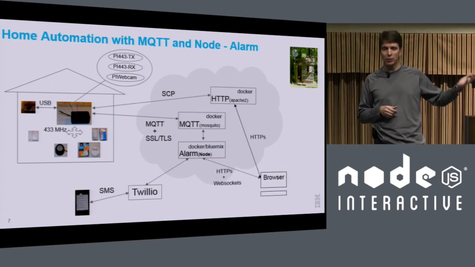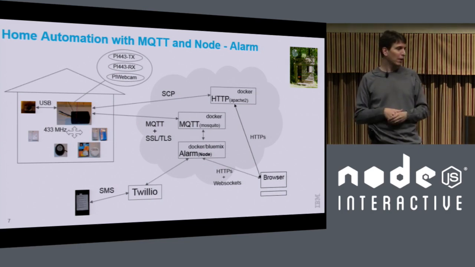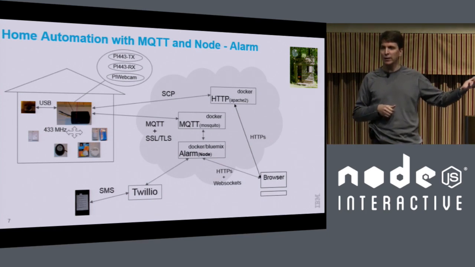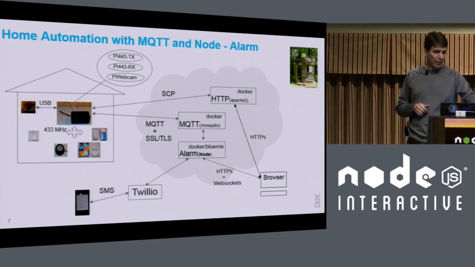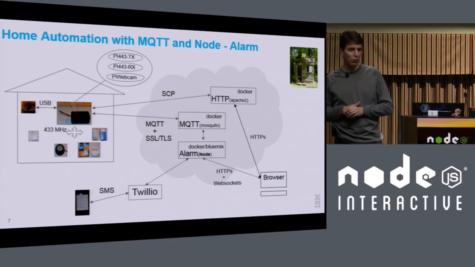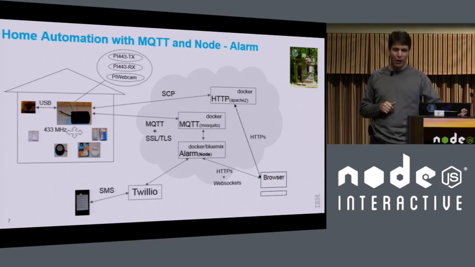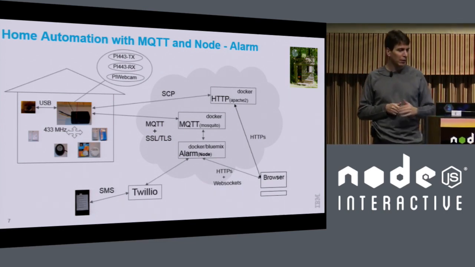When it's finished, it publishes back on another topic saying, hey, I've just taken your picture. Here's the name of the picture, which lets you later find it on your website. And then there are a number of devices, which I'll talk a little bit more about, that are communicated with through 433 megahertz.